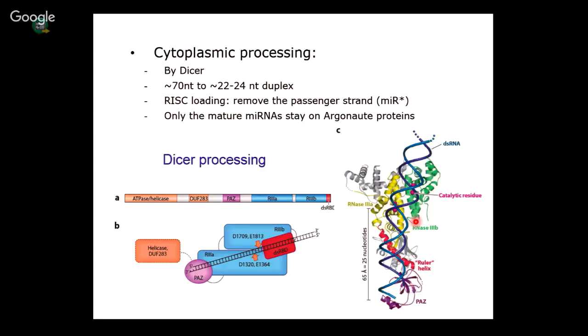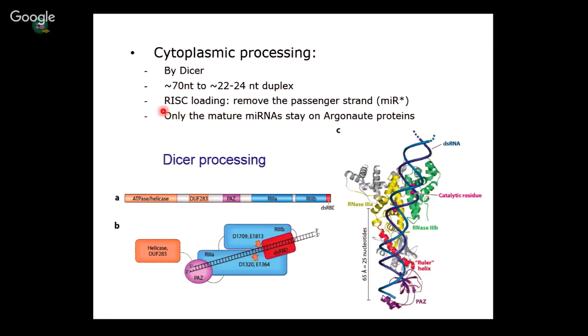So after generating those pre-microRNAs and exporting them to the cytoplasm, what is the next step? In the cytoplasm processing, it is cleaved by Dicer to generate the 21 to 24 nucleotide duplex from about 70 nucleotide primary pre-microRNA.